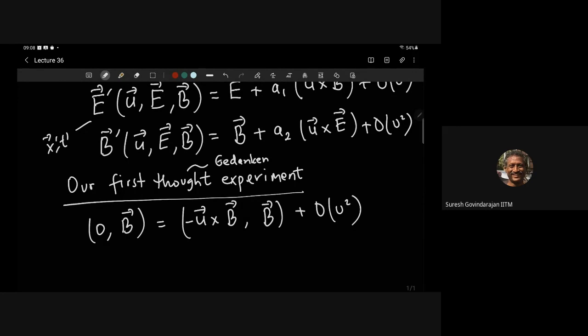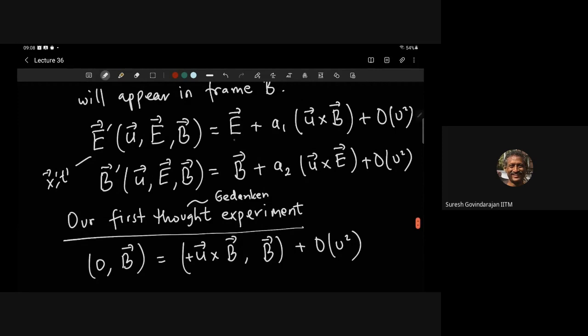Let's remember, a particle with charge q will be moving with velocity minus u, so the induced thing should be plus u, plus 1. In this setup, that corresponds to putting E equal to 0, and this term will become 0. So what it says is B prime will be B to order u squared. So this term is fine. But what should A1 be for this to work?